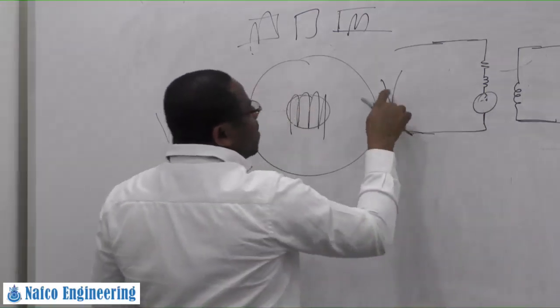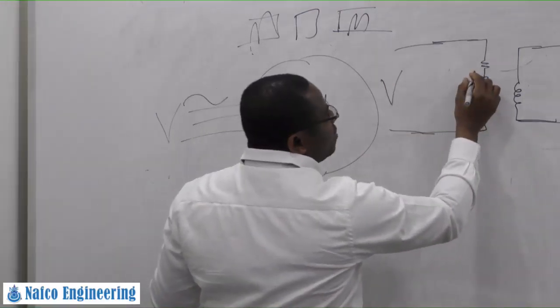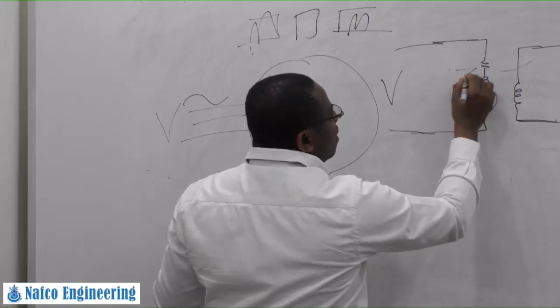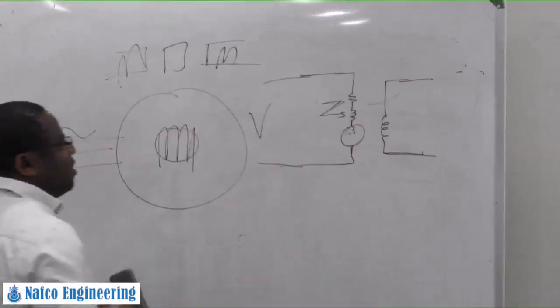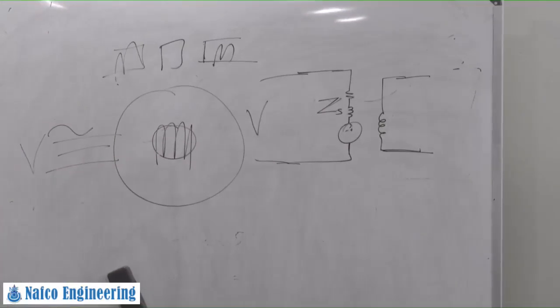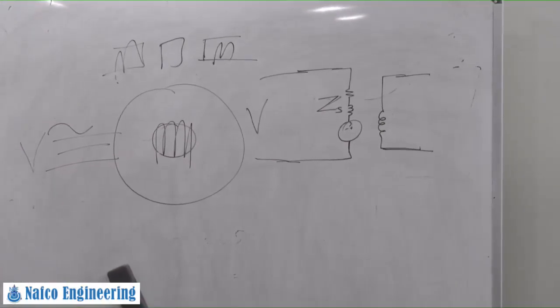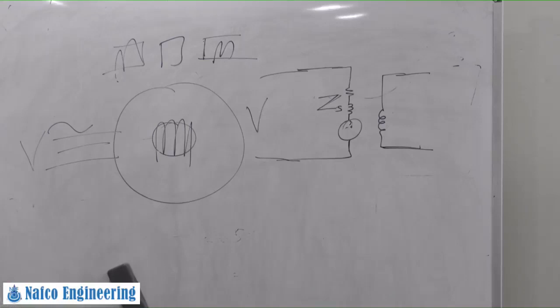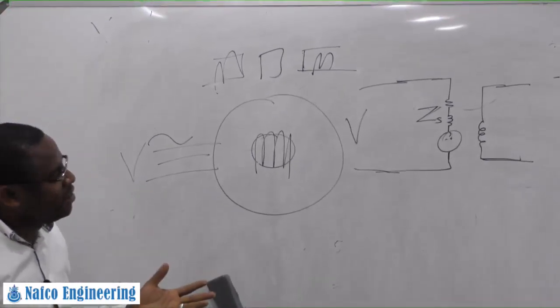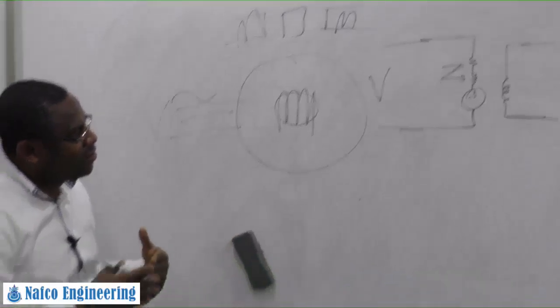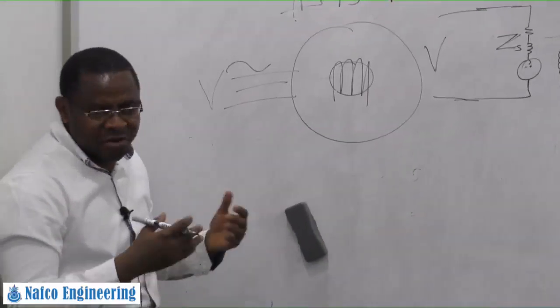Now what you have here is your synchronous impedance, ZS. Remember in the DC motor, we have only resistance RF. Now we're dealing with AC, so we don't deal with just R, there must be an impedance.